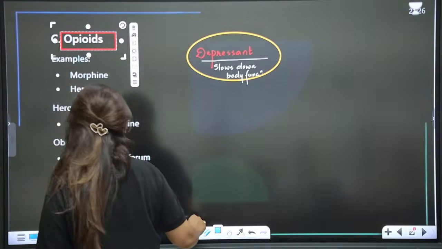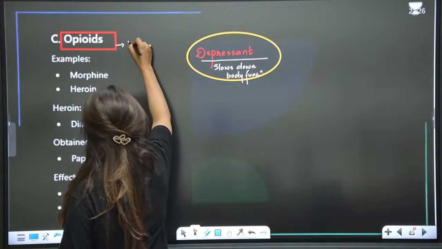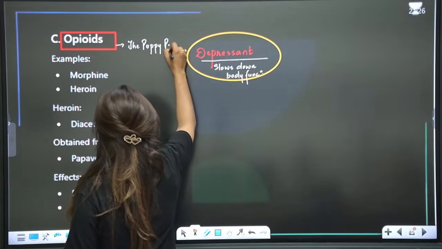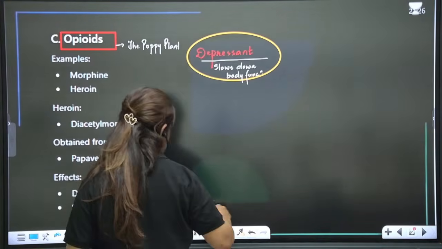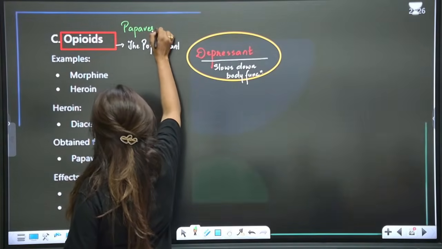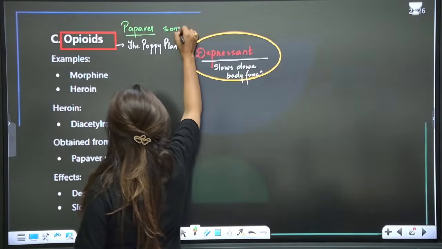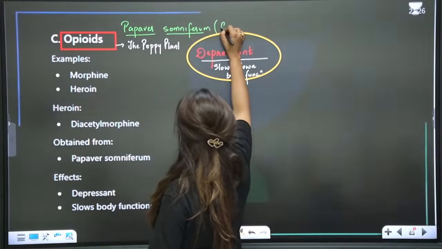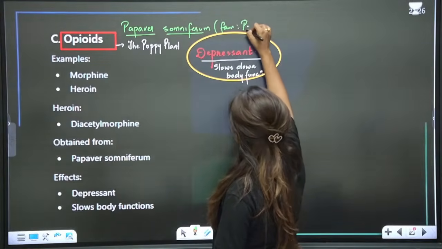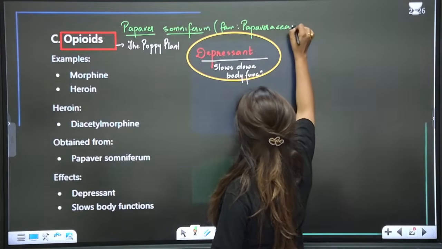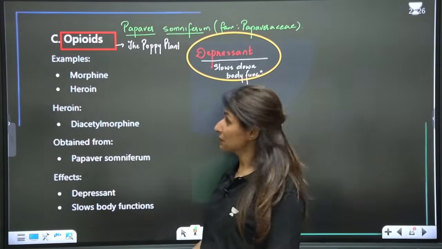Where are they obtained from? They are obtained from the poppy plant known as Papaver somniferum. It belongs to the family Papaveraceae. Is that clear?